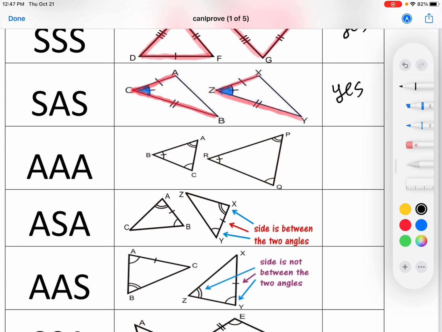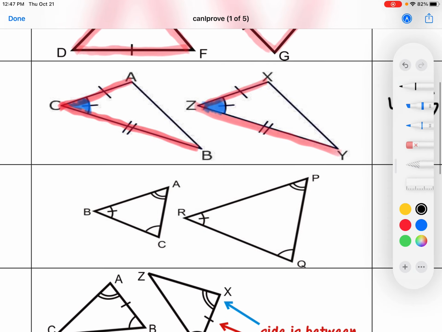That is plenty of information. I want you to think about this. Those two sides that are highlighted in red are hard set. They cannot change from one triangle to the next one. That angle that I colored in blue is also hard set, and it cannot change. So think about this.